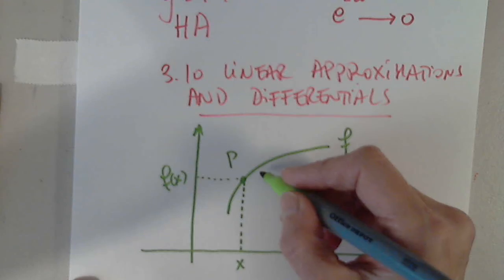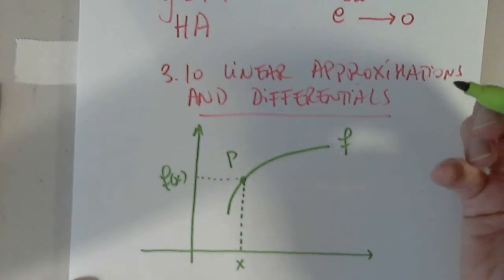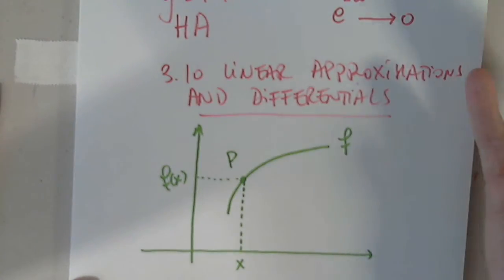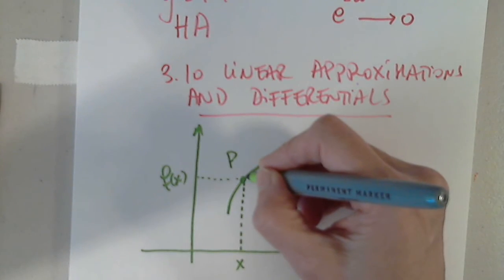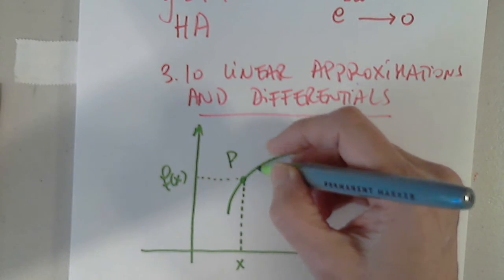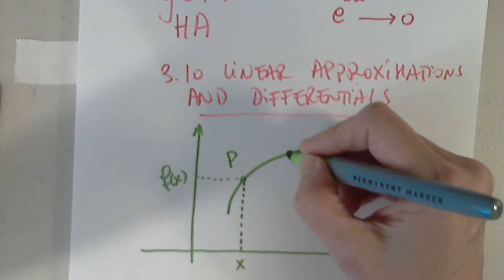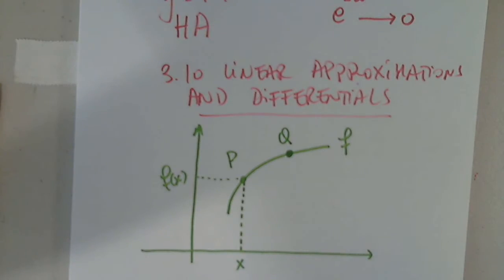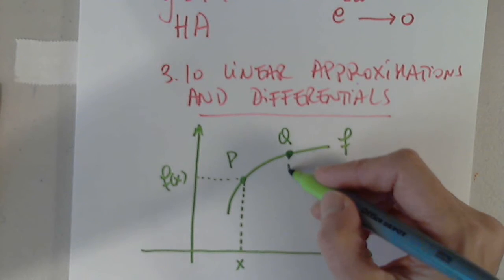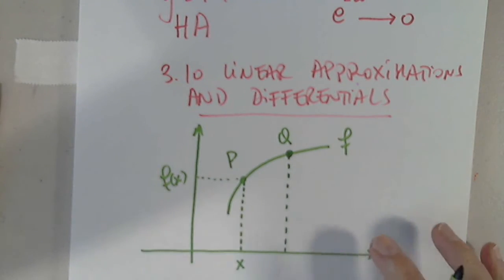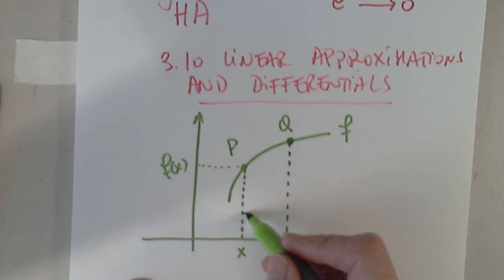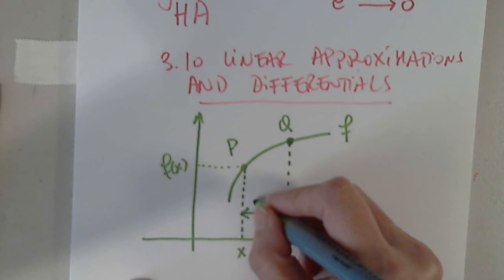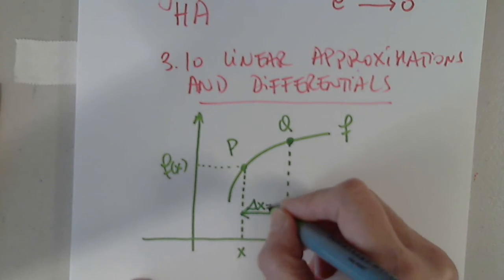And of course there is q, and of course q is very, very close to p, but allow me to zoom in, because if I put q here, you won't be able to explain anything. So we are zooming in, and this is q. And you're going to say, I know, it's x plus h. Well, we are changing the notation, but yes, it's the same thing. We're going to call this delta x or dx.